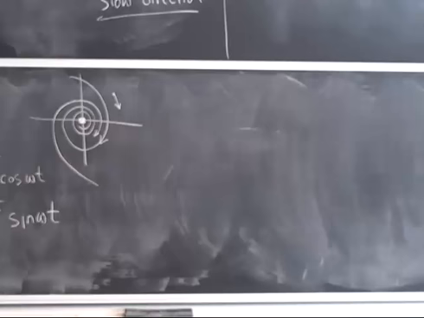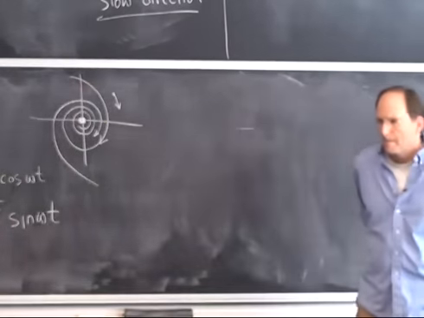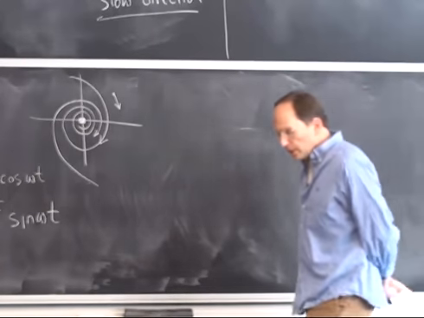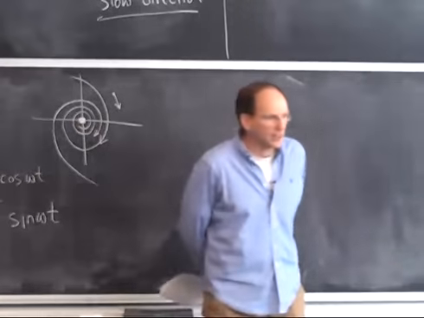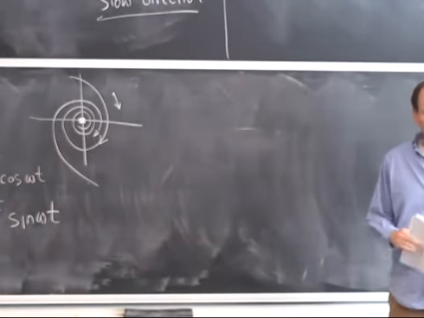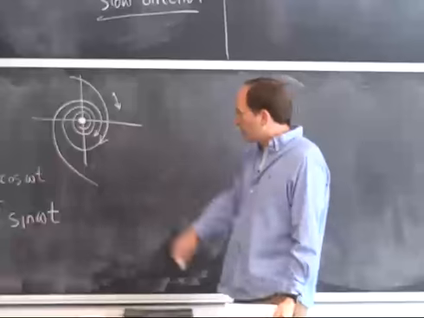Yes? So analogous to how there are stable and unstable nodes, can we also have stable and unstable spirals? Yes, definitely. You could just reverse the arrows.